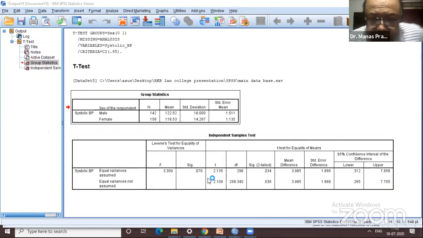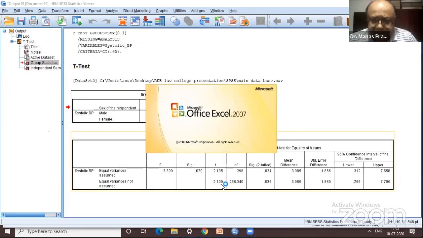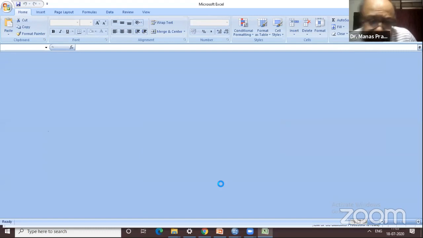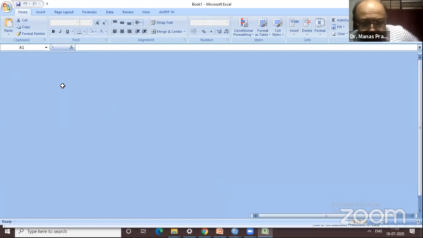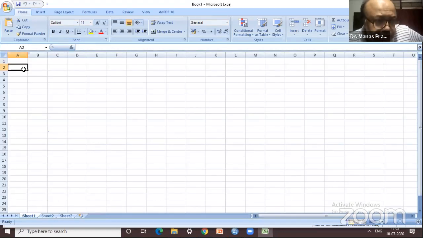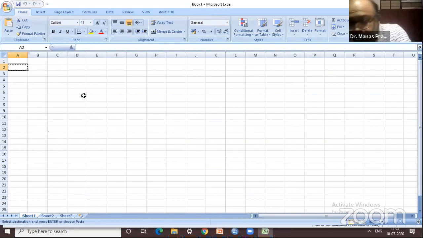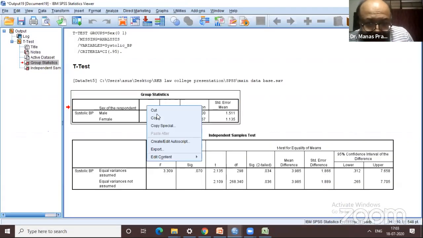There are a lot of things given, but these are not necessary. You need to give only those things which you can interpret, and you can give the interpretation or write the conclusion. Those things are important. So I don't prefer to give all the things. So I copy this table.